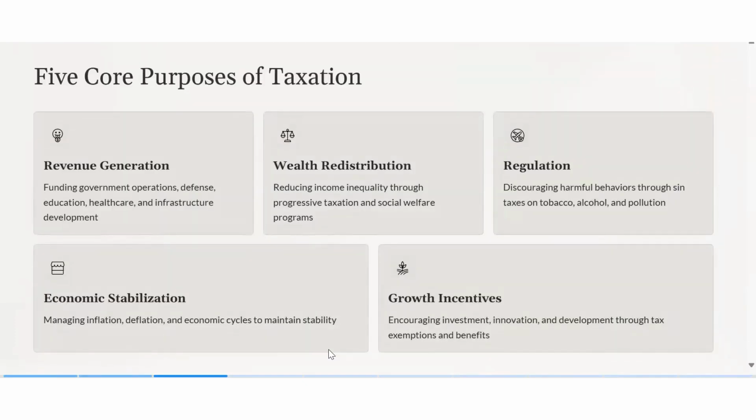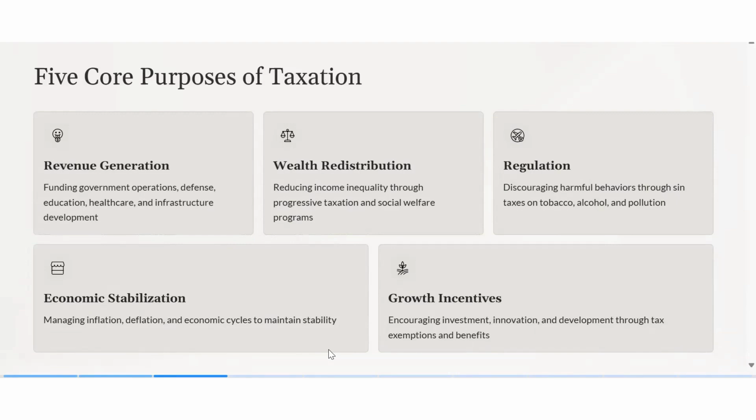There are five core purposes of taxation. Before going to the principles, we should know what are the purposes of collection of taxes. So first is definitely revenue generation, so that expenses of the government may run. So revenue generation is the very first object of tax collection.